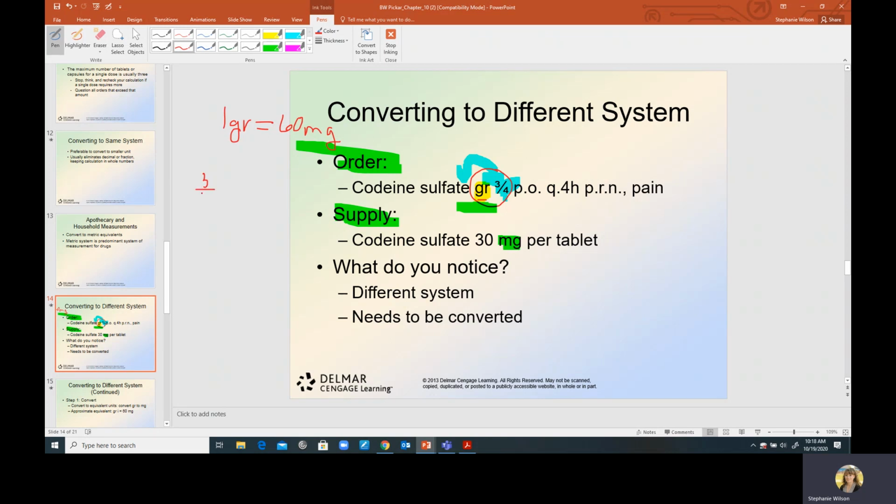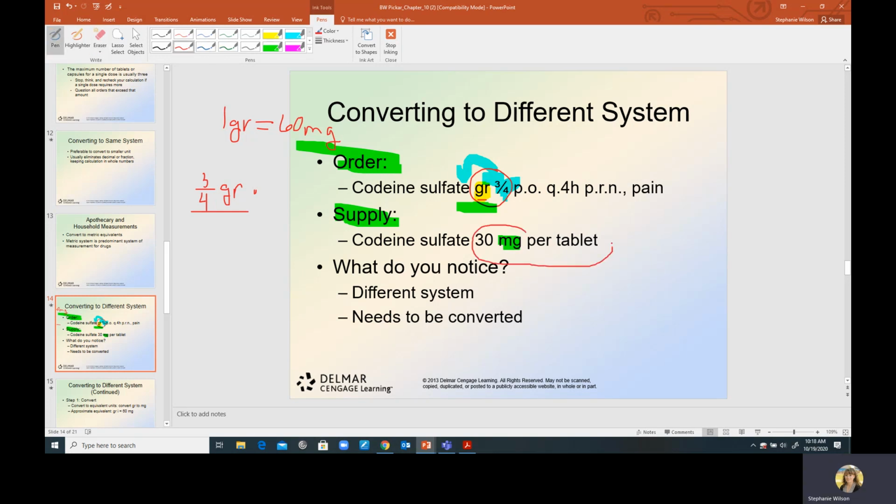I'm going to do 3/4. If you want to go ahead and put it in decimal form, that is fine. You could do it in dimensional analysis, or we can do it in formula method. Let's do formula method. So 3/4 grain over, what do we have?